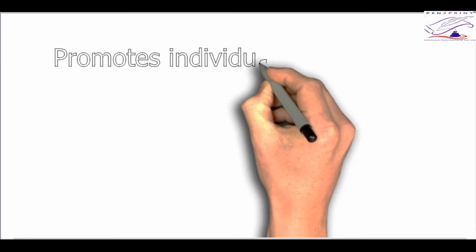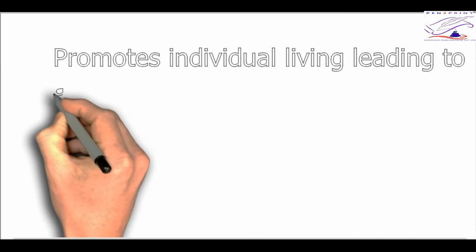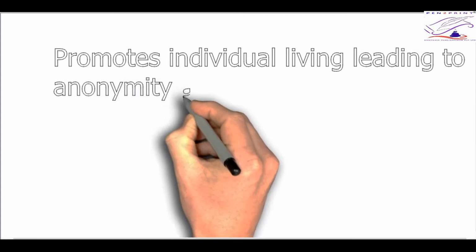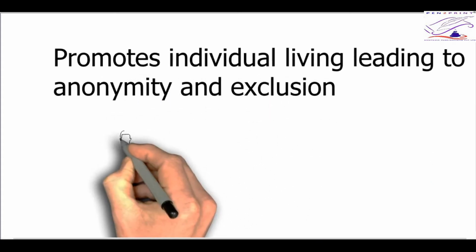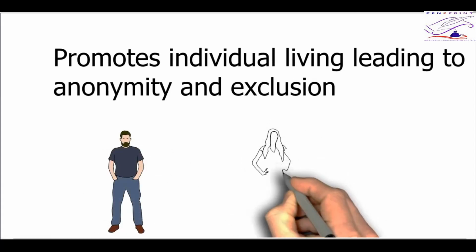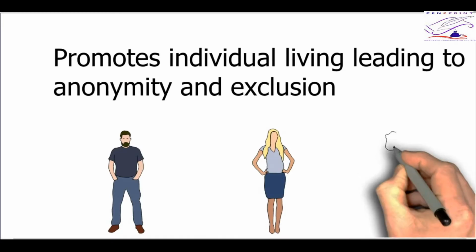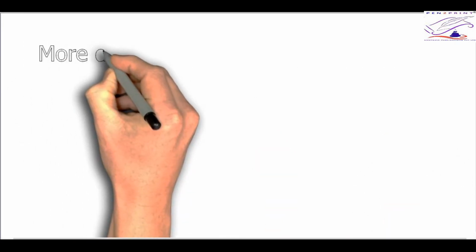This promotes individual living, which leads to anonymity among the individuals who are residing there, and they try to be exclusive. They try to keep aloof from other people, and they don't want to be associated with other people residing in the colony.